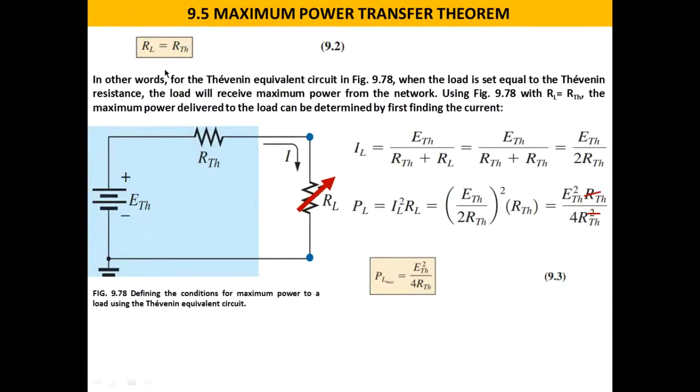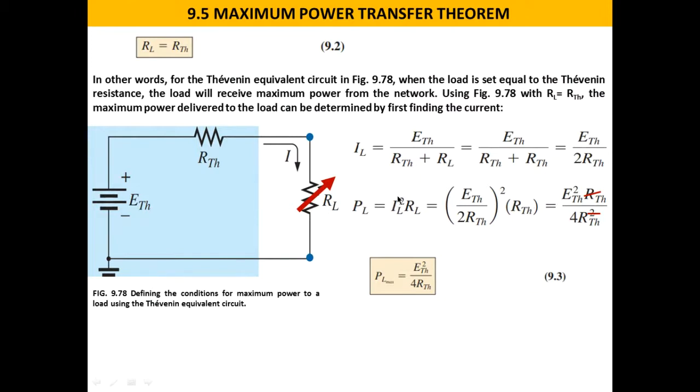Now, we have understood that to get the maximum power transfer, RL should be set to R Thevenin. So what is this maximum power? How to calculate it? We use the techniques that you have learned. First of all, we calculate IL. It is equal to E Thevenin divided by R total, R Thevenin plus RL, which is E Thevenin divided by 2 R Thevenin.